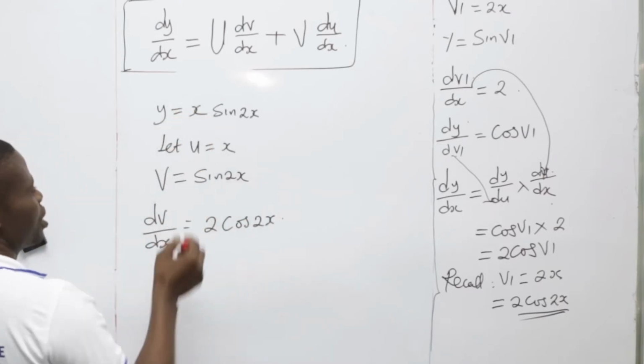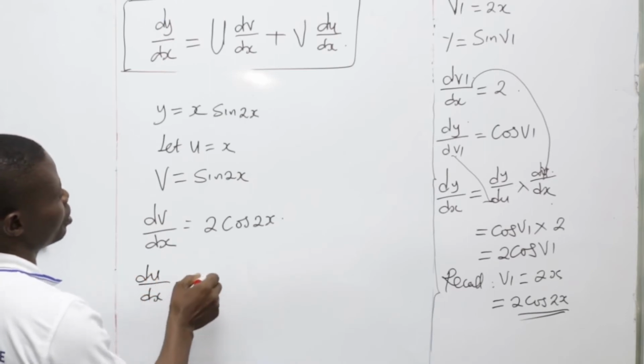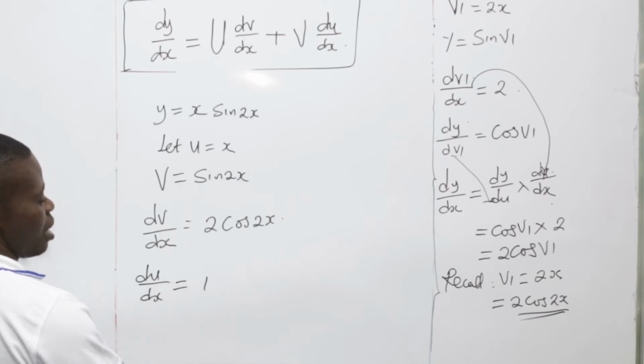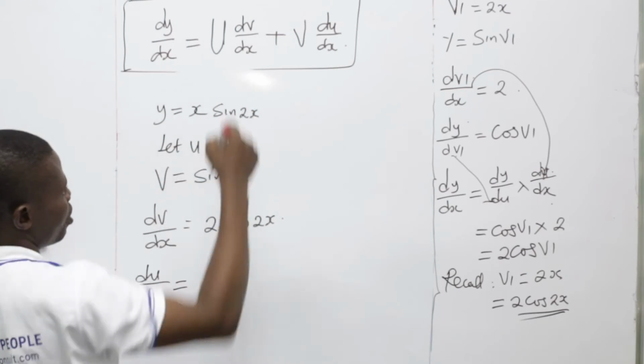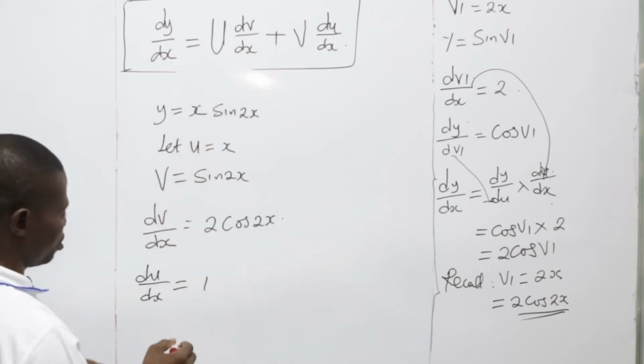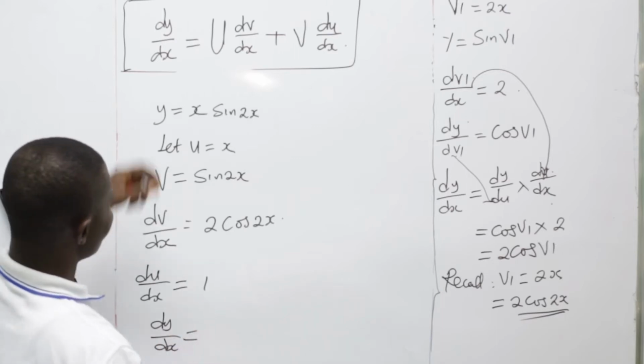Then let us consider du/dx. The du/dx is just 1. Then application, dy/dx equals what? u dv/dx plus v du/dx. So dy/dx equals u.